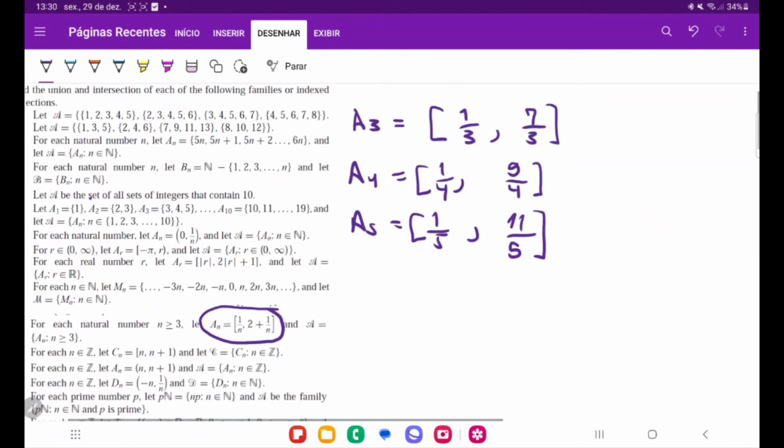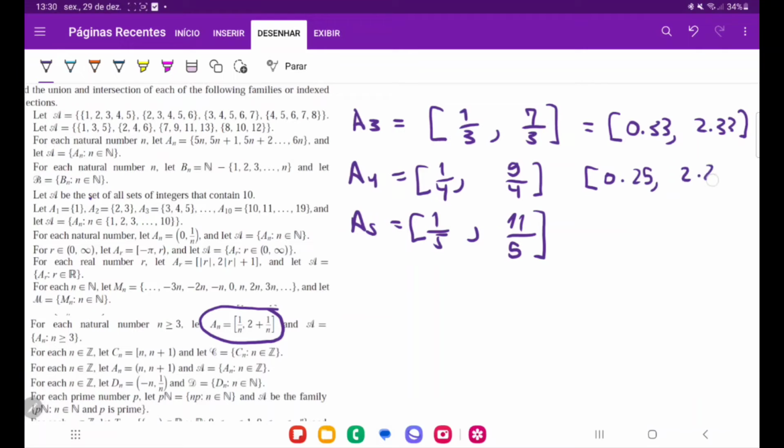A5 begins at 1/5 and ends at 11 over 5. And I'm just going to put the decimals here so that you can see the pattern as well. That's going to be 2.33, and then this is going to begin at 0.25, end at 2.25, and then this is going to be 0.2, and then end at 2.2. So what's the pattern here?